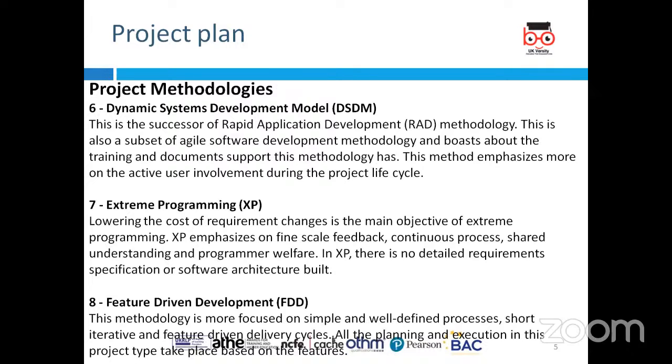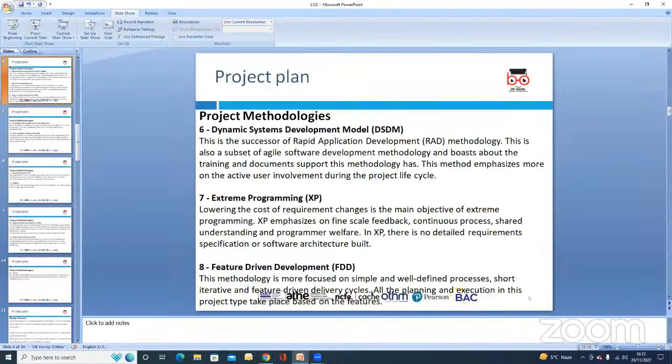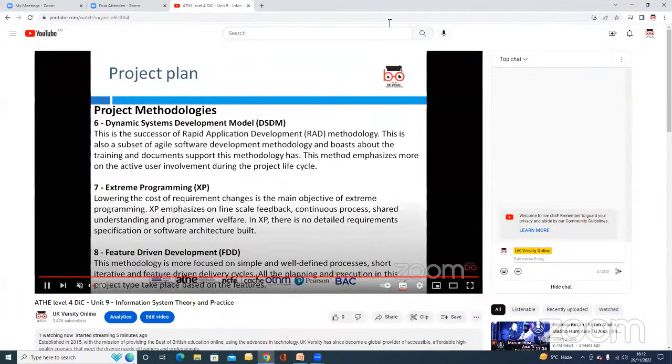It also boasts training and documentation support for this methodology. Also, we have extreme programming, where lowering the cost of requirement changes is the main objective. Let's watch a quick video which will give us an explanation of the difference between agile and extreme programming.